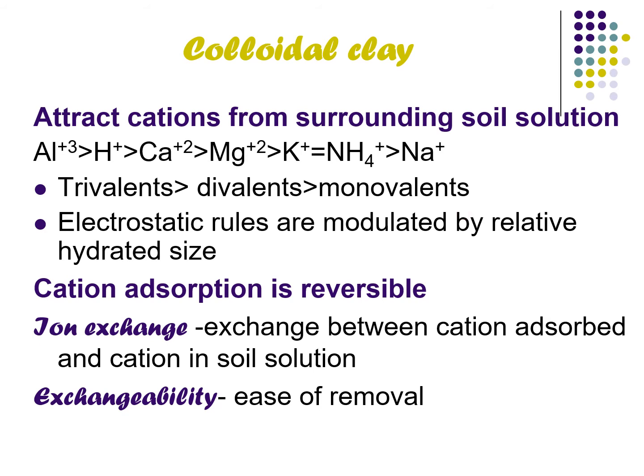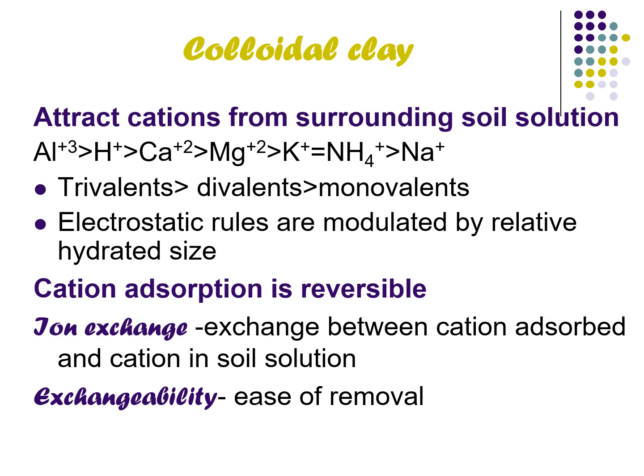However, ions are also hydrated, which means that they are surrounded by shells of water molecules, and electrostatic rules are modulated by the relative hydrated size of the ions. Since ions of smaller hydrated size can approach the colloidal surfaces more closely, they tend to be more tightly bound.